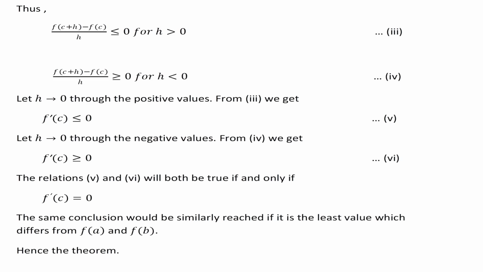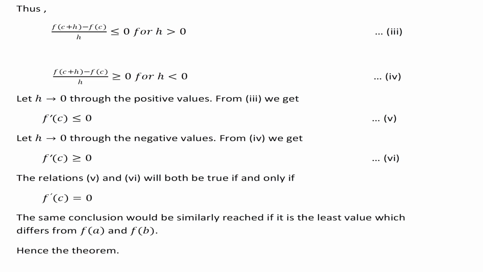That means the ratio f(c + h) minus f(c) divided by h is less than or equal to 0. Similarly, when h is less than 0, the f dash of c value is greater than or equal to 0, as it is explained on the screen.